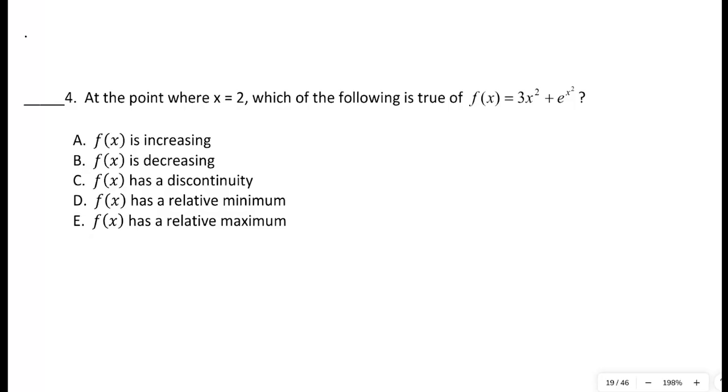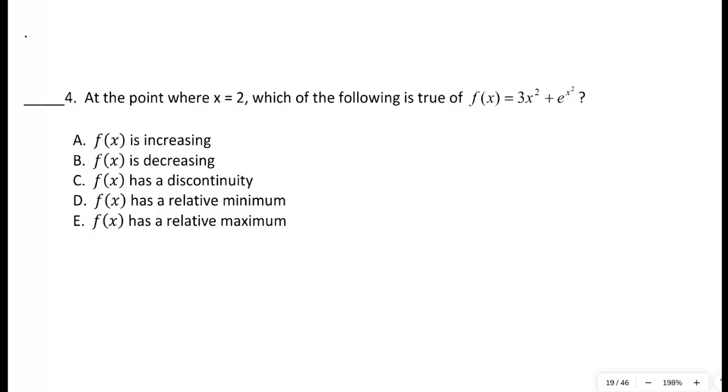But anyway, it says at the point where x equals 2, what is true about this function? So we need to analyze the derivative at x equals 2 here. Now, before we get into that, let's break down each of these answer choices to see how we would know that that's the answer. If A was the answer, it says f of x is increasing.